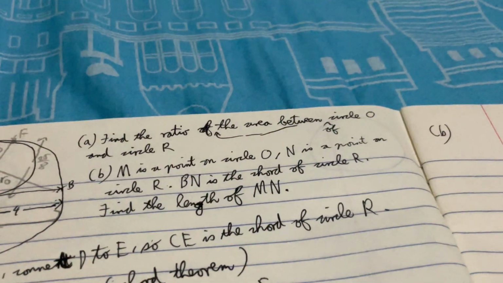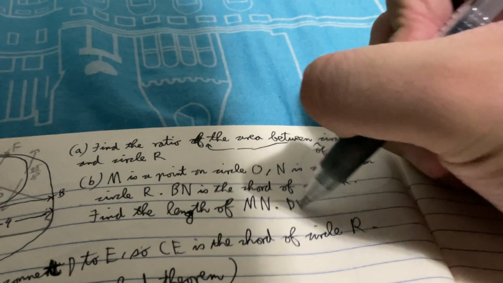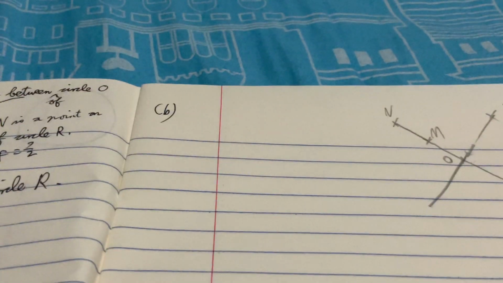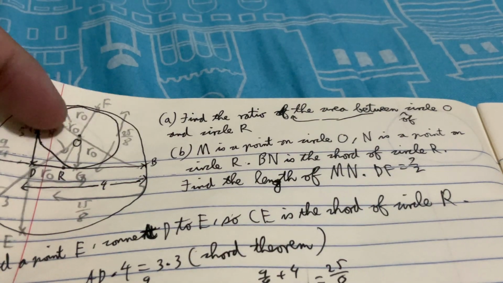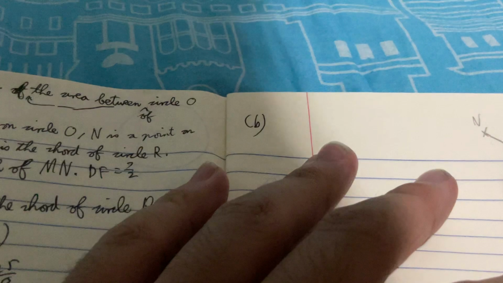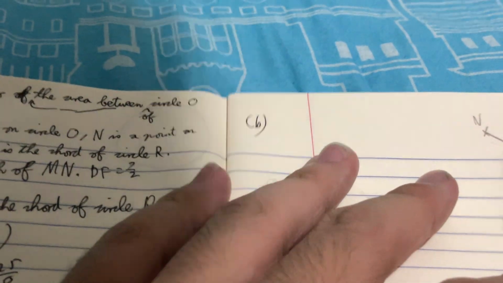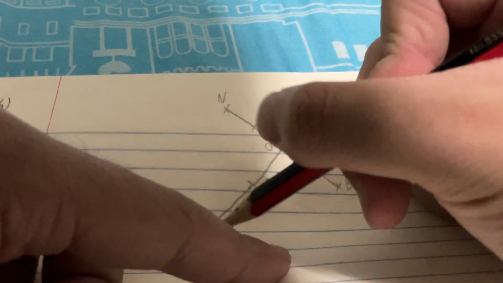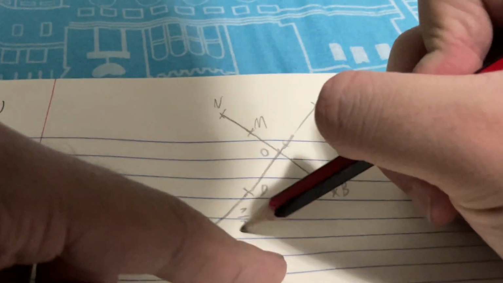DP is equal to 7/2. Not OP, DP. So from O to D, first we are going to find the length from O to D, and then from D to P. From D to P, we already know that this is equal to 7/2.